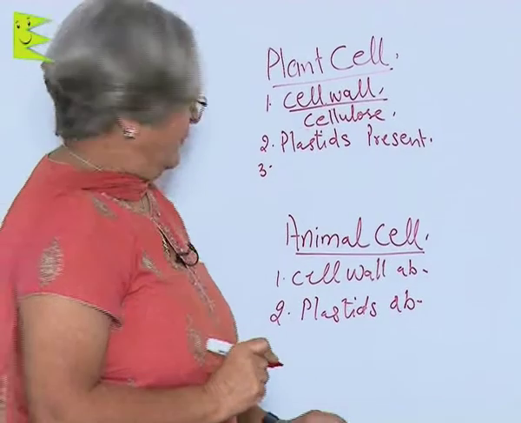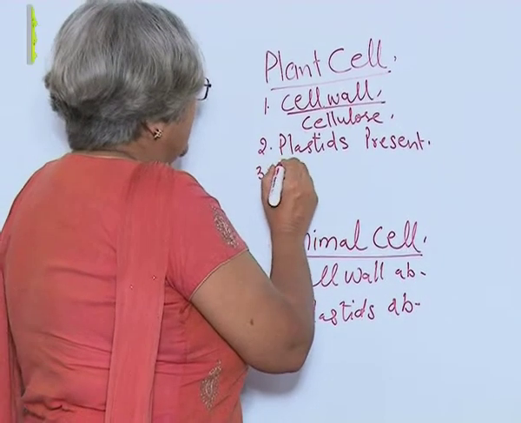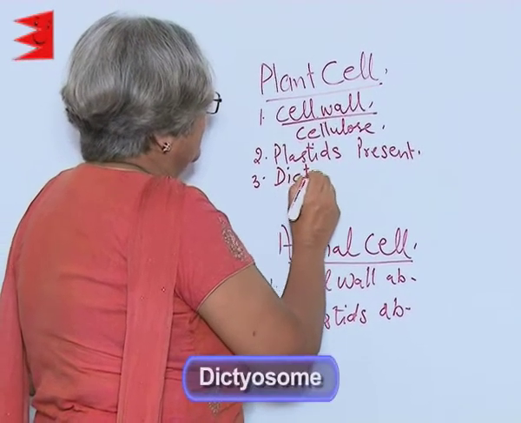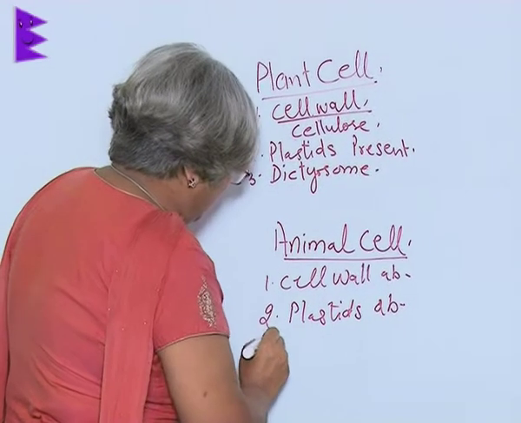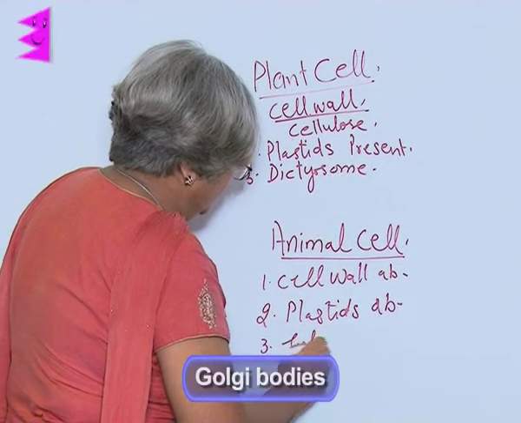In the case of plant cells, there is a part called Dictyosome, and somewhat similar part in the case of animal is Golgi bodies.